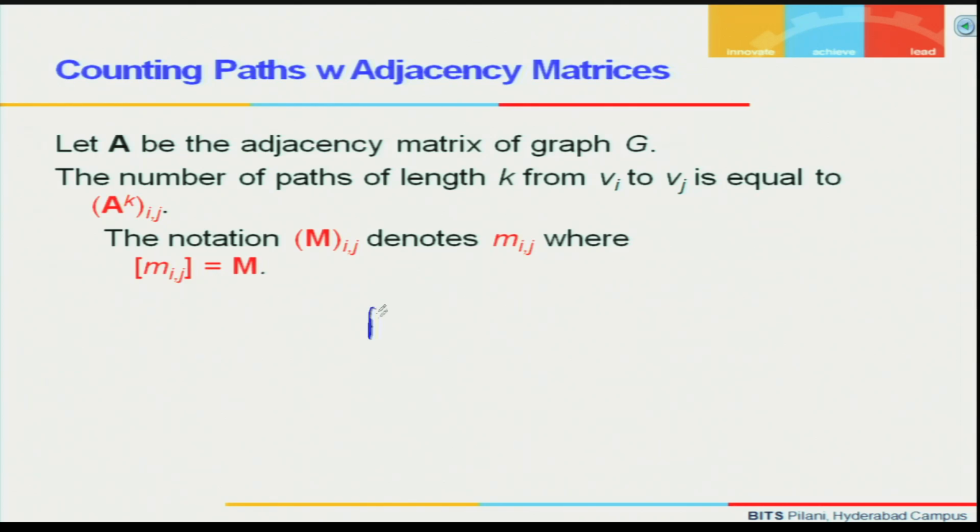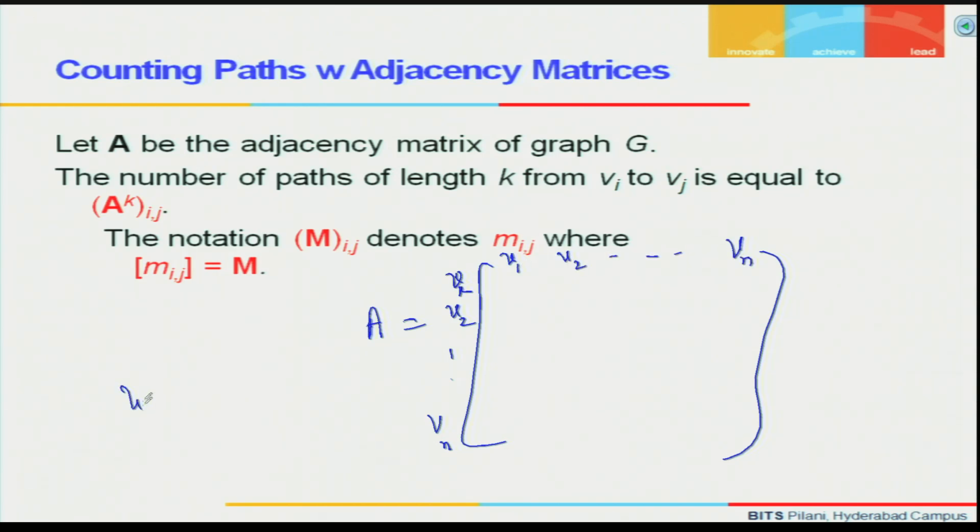And you know how to make an adjacency matrix. We have seen it yesterday. We will make an adjacency matrix like this. You put all vertices as rows, and as columns also, V1, V2, Vn, and if there is an edge Vi Vj, then I am going to put 1 here, where this is Vi and this is Vj, otherwise I am going to put 0.